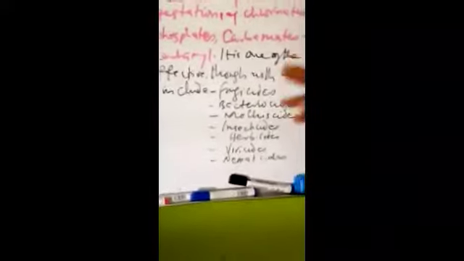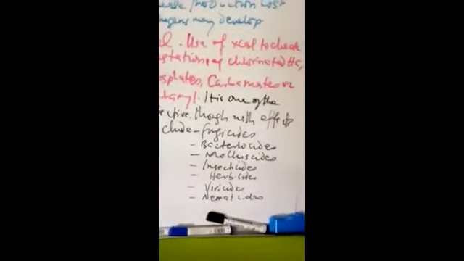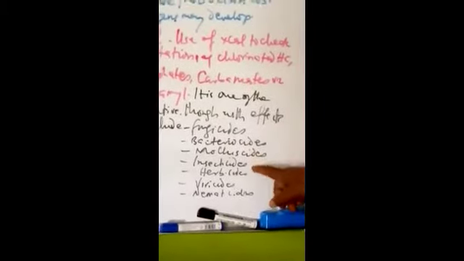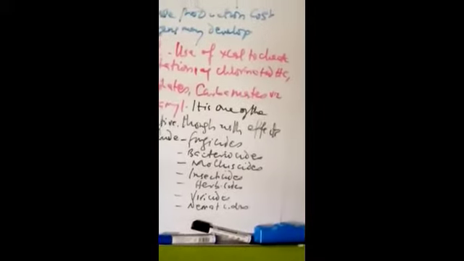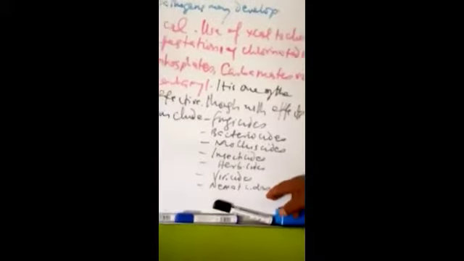These chemicals can be grouped into the following: those that attack fungi, the fungicides; chemicals that attack bacteria, bactericides; chemicals that attack mollusks, molluscicides; chemicals that attack insects, insecticides; chemicals that attack herbs, herbicides; chemicals that attack viruses, viricides; and chemicals that attack nematodes, nematicides.